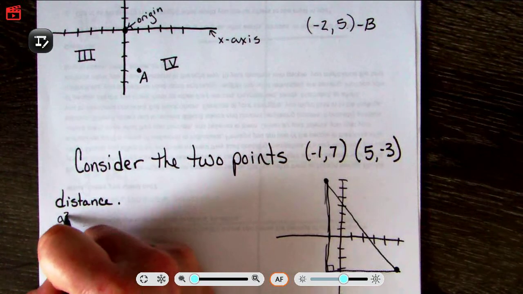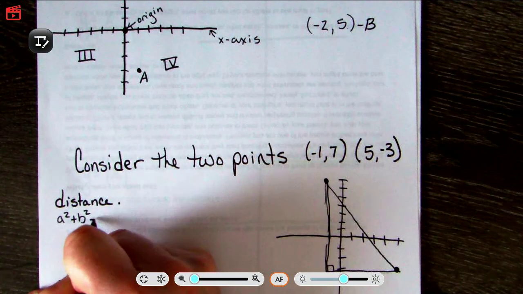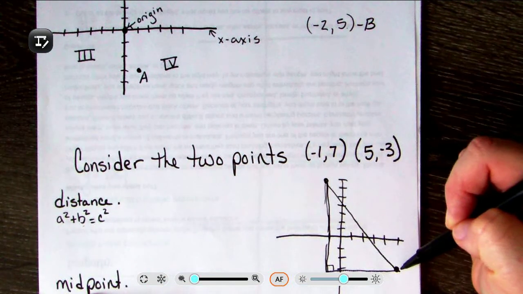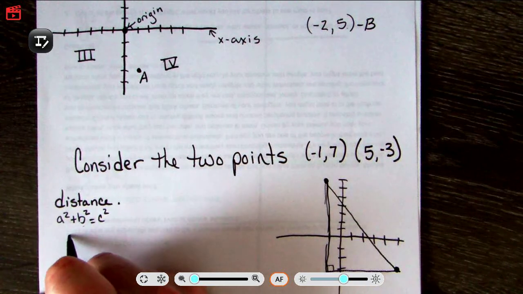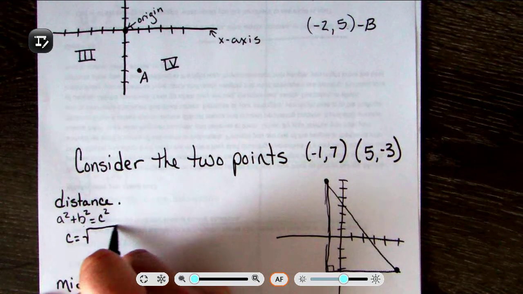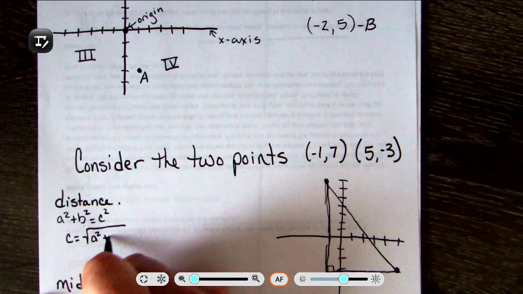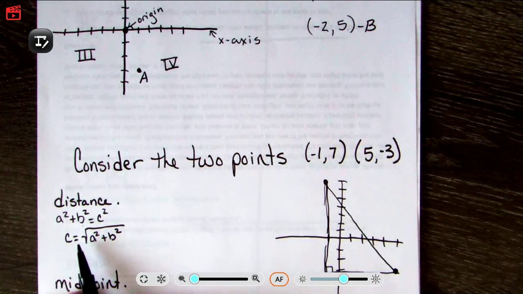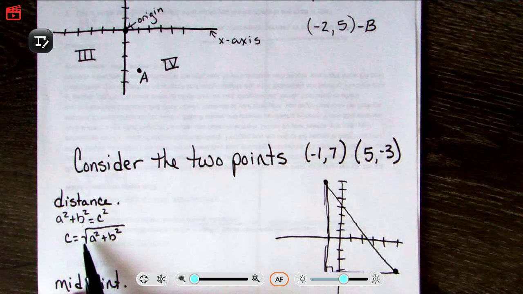So it comes from that. Or if c represents that distance, taking the square root, a squared plus b squared. Now, we don't have to worry about a plus or minus because distance is always considered to be positive.